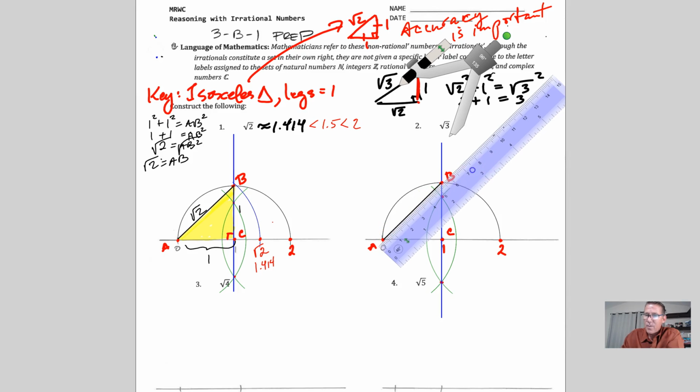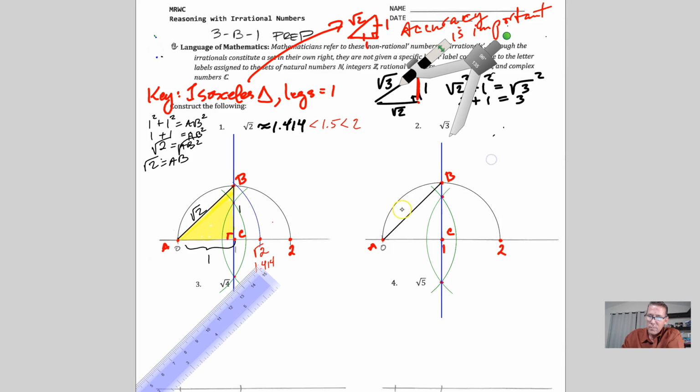Okay, so there's A to B. There's root 2. There's the square root of 2. So let's put the right angle in, and let's highlight my triangle here, just like we did before, just so you can see some continuity between the first construction and this one here.